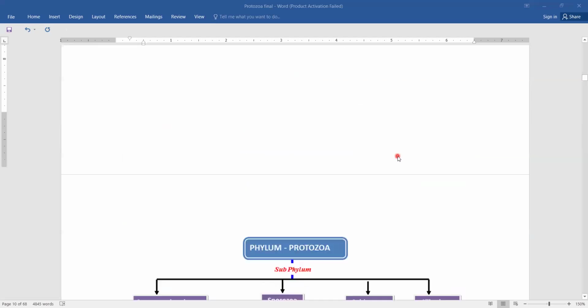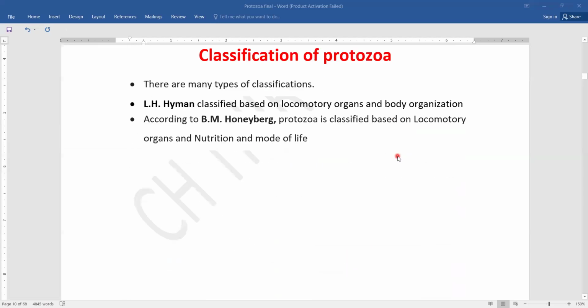Now, on which basis have they classified? L.H. Hyman classified based on locomotory organs. What are the locomotory organs of protozoans? Pseudopodia, flagella, and cilia. These are the three major kinds of locomotory organs.